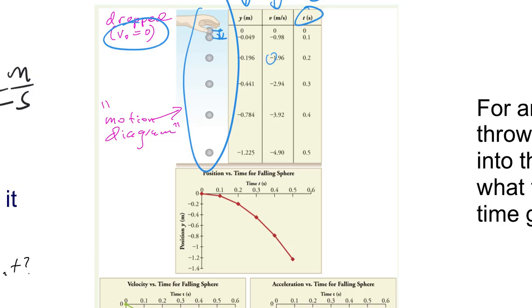But notice for now how the distance keeps on increasing between the two every tenth of a second. So as the ball falls, the distance between the current time and the previous time gets bigger and bigger and bigger.